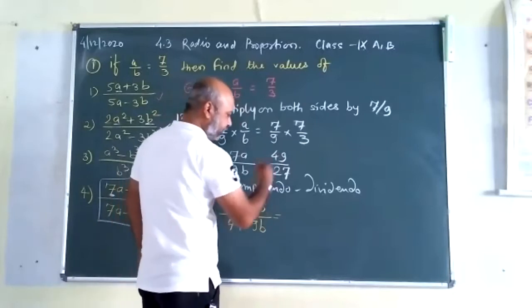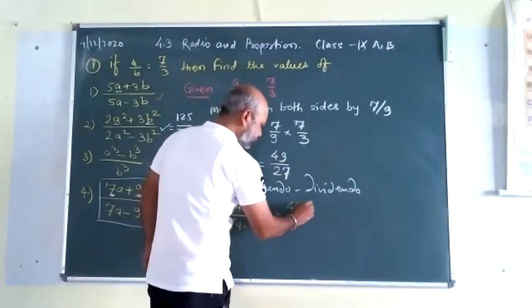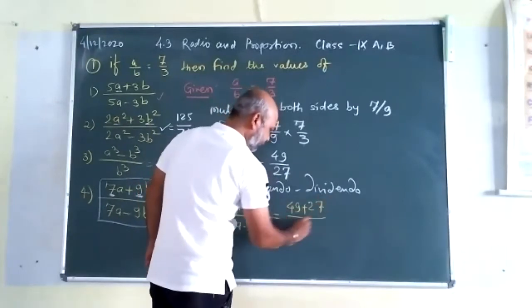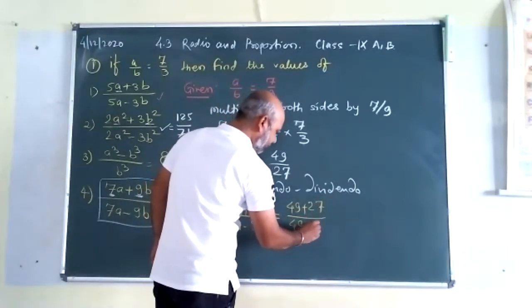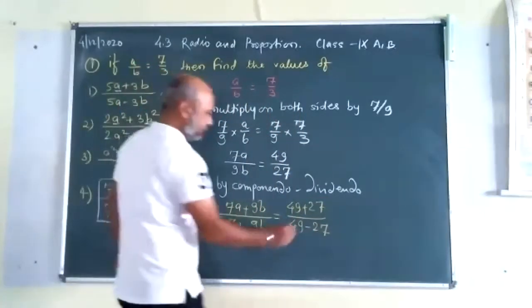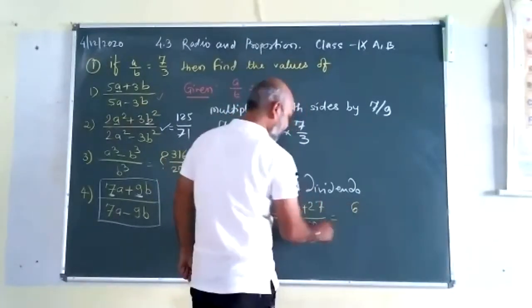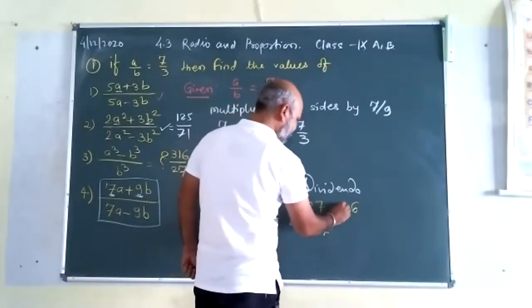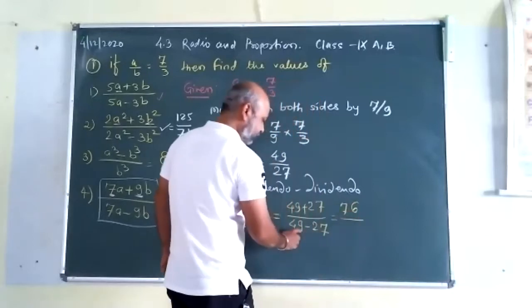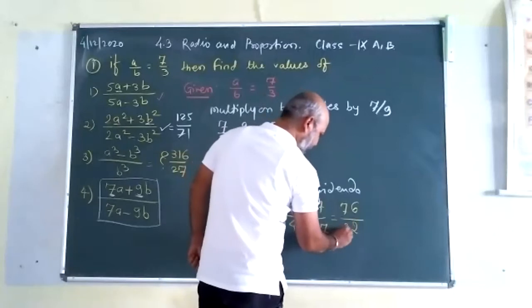Similarly, you will do the right hand side also: 49 plus 27 divided by 49 minus 27. So this will be 76, divided by 49 minus 27 which is 22.